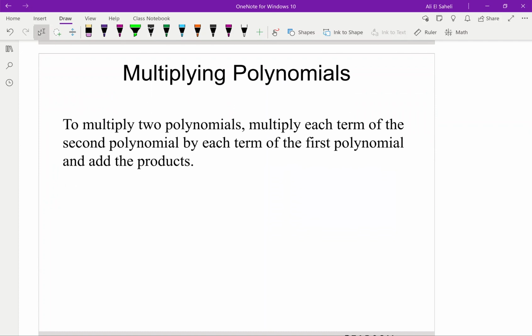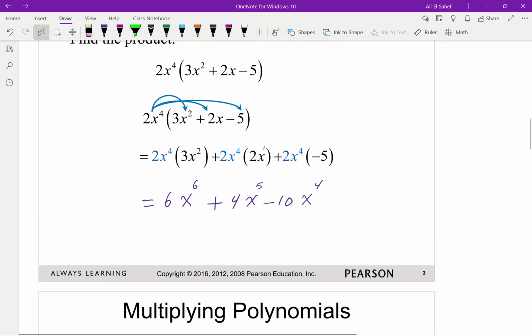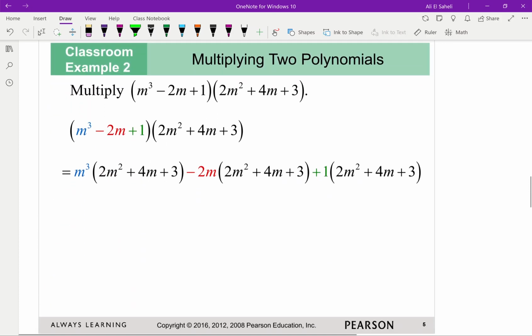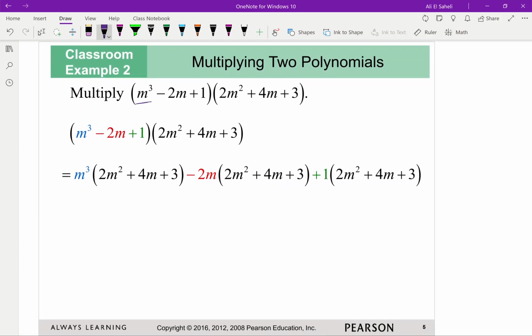Multiplying polynomials. So you have to multiply a polynomial by a polynomial. What we do is exactly what we did here for each term in the polynomials. We treat this as a monomial, and we do the multiplication like we did above with each term.